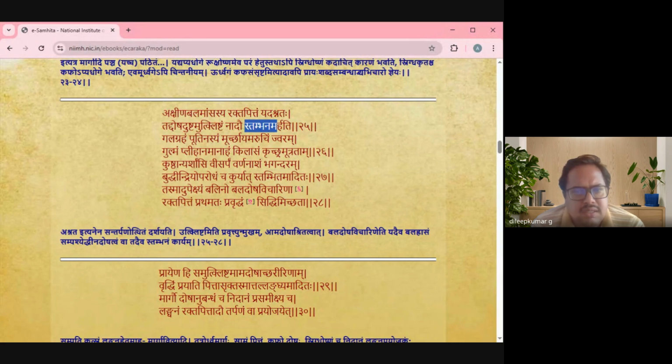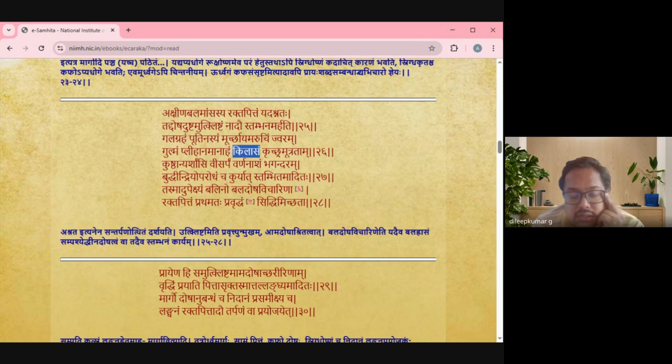So Ama plus Rakta, if it is very forcefully stopped or Stambhana done, it may cause severe other diseases, Vimarga Gamana, causing Galagraha, Putinasyam, Murcha, Aruchi, Jwaram, Gulmam, Pliham, Anaham, Kilasam, preferably Kilasam.